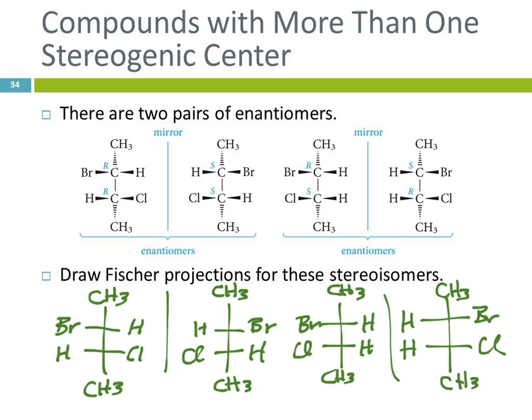I can, yeah. Now, looking at each of these, the hydrogen is not in the vertical position. So we're going to need to move them around. Let's just do one of them, okay? I'm just going to make a little space here, and I'm going to do this guy, and hopefully we'll be able to show how it matches up being S and R. So if I want to move this so that the hydrogen is in a vertical position, I need to move the other 3.